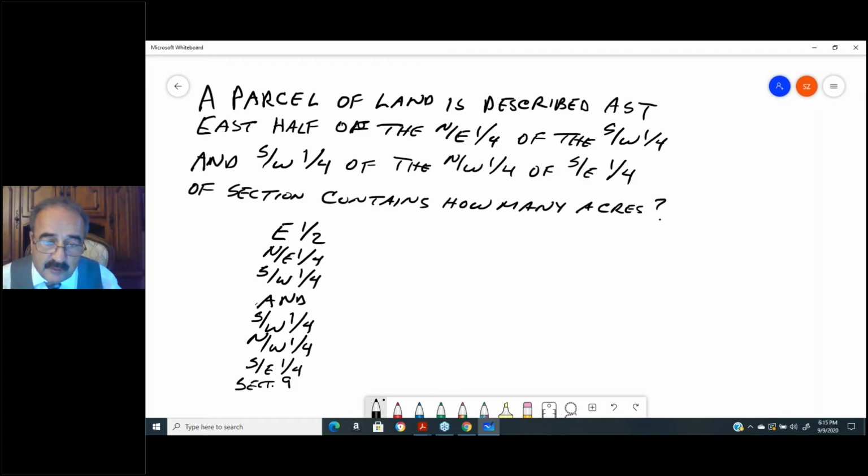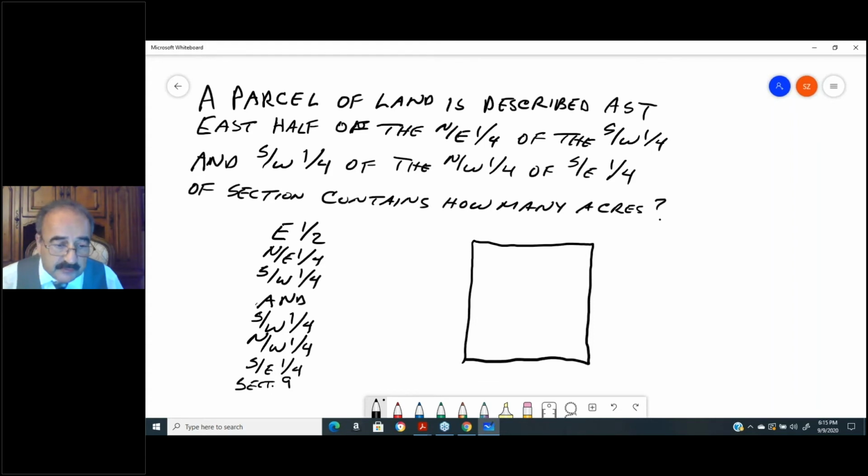So again, let me draw this out for you here first. As I said, we're going to be doing some erasing on this. So this is section 9. So I got section 9 done. Out of section 9, I want the southeast quarter. So I'm going to quarter this. Just got mixed up on my directions.